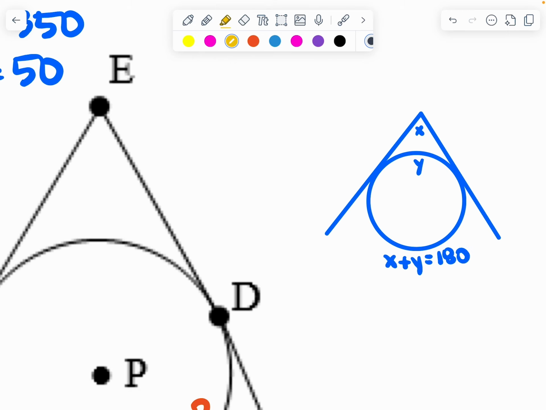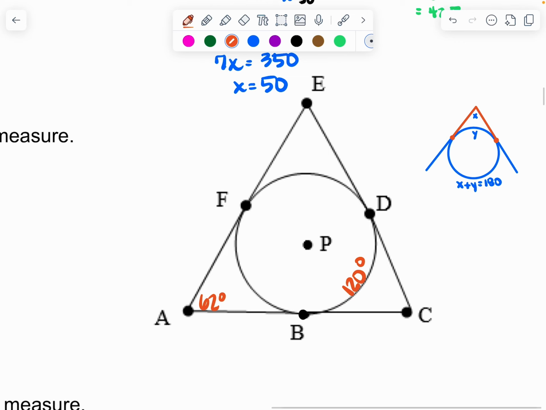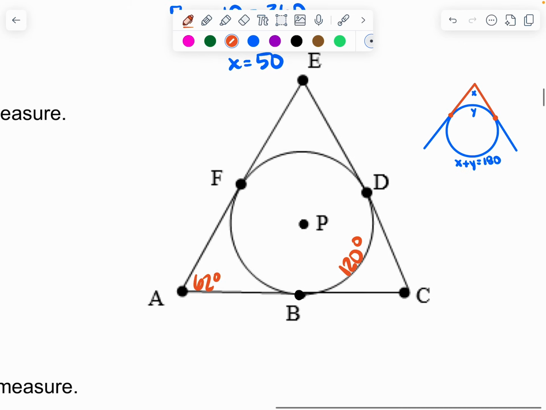And when I say that arc, I'm only talking about from here to here. So we're talking about this angle, and then his closest arc. They will always be supplementary. It only happens with tangents, not secants, not chords, anything else. It has to be two tangents on the outside of the circle. And that's exactly what's happening here. It's just a ton of tangents and their closest arcs.